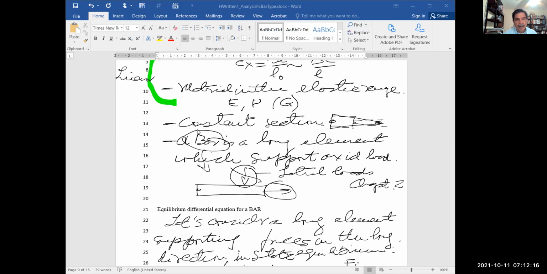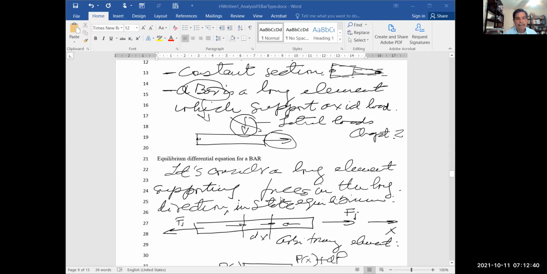Since we're working with bar, that means that the loads that will be applying on these elements are longitudinal, okay? If we had this type of load, lateral, that would be a beam. We're going to deal with that in the next chapter. Right now, long elements with longitudinal loads, that's the case in this chapter, okay?